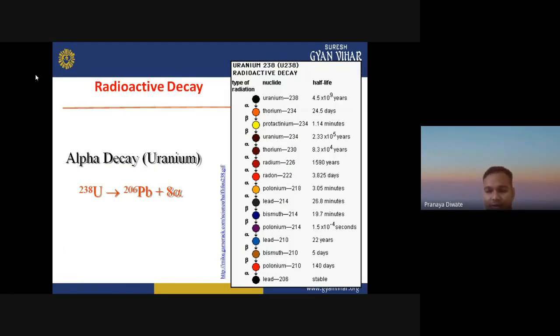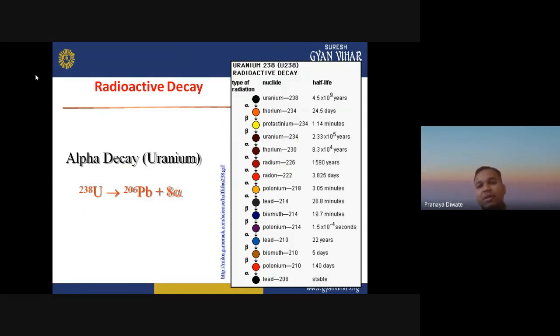So in the alpha decay of uranium, uranium 238 is converted to lead 206, which is a stable isotope, whereas uranium 238 is an unstable one.